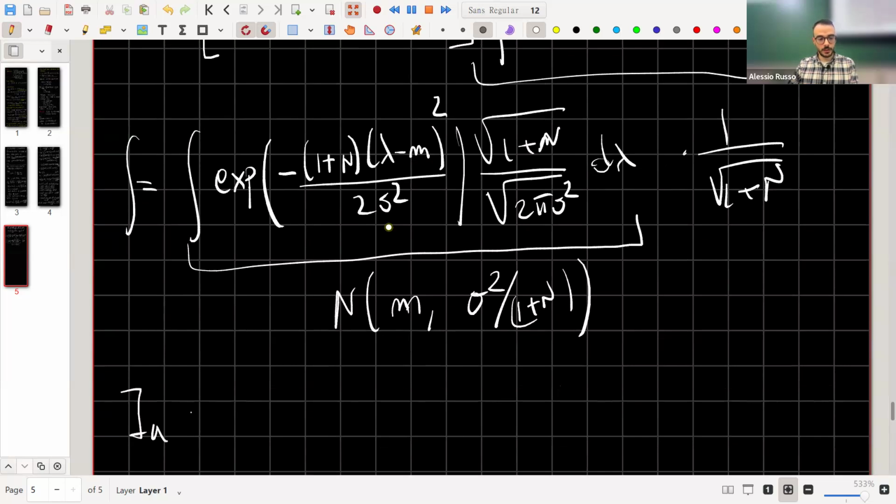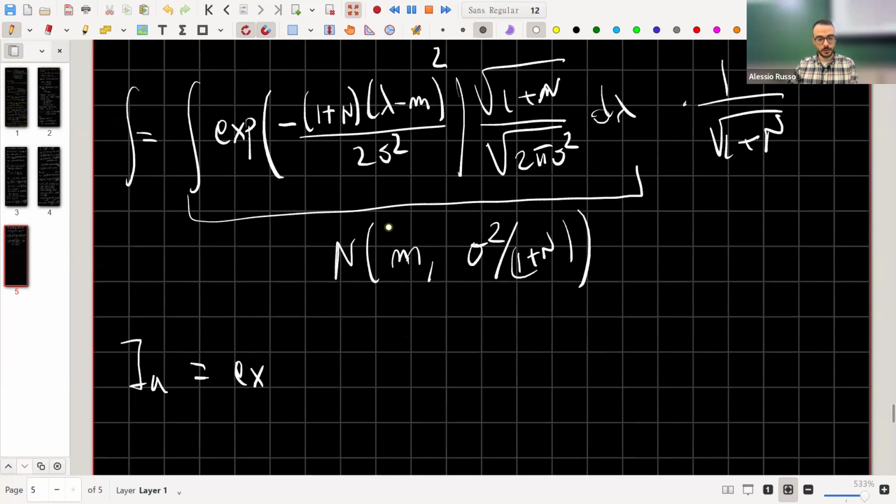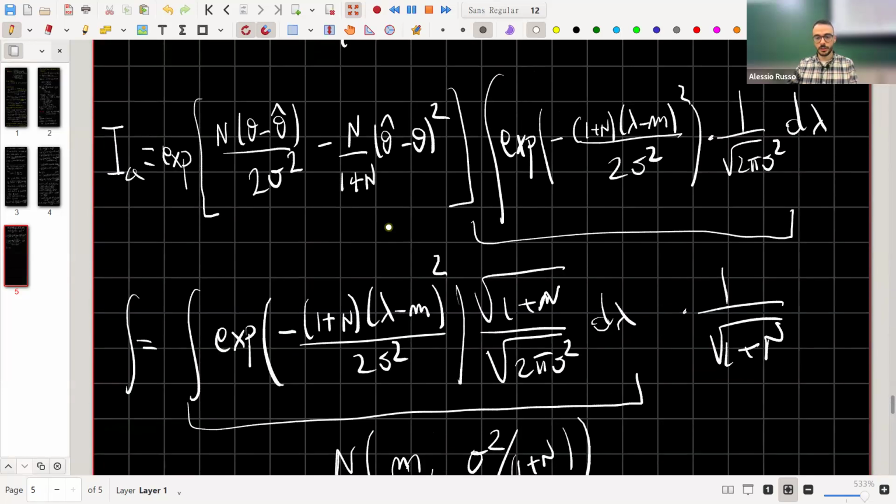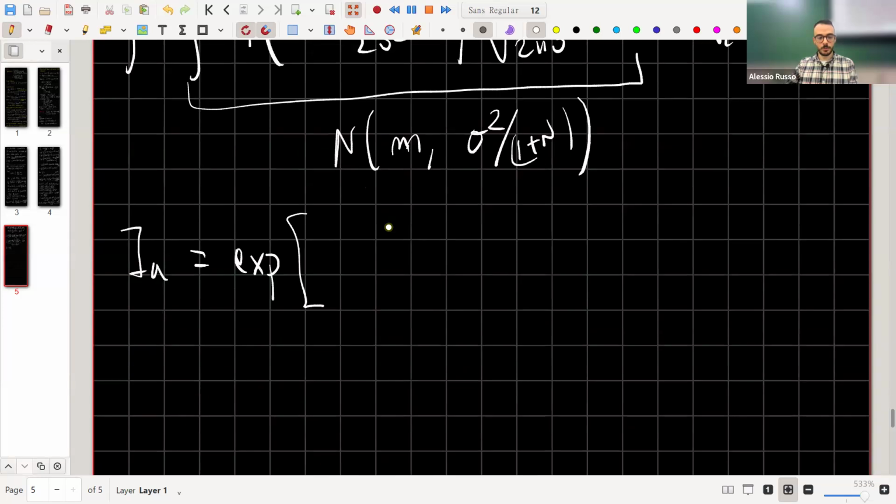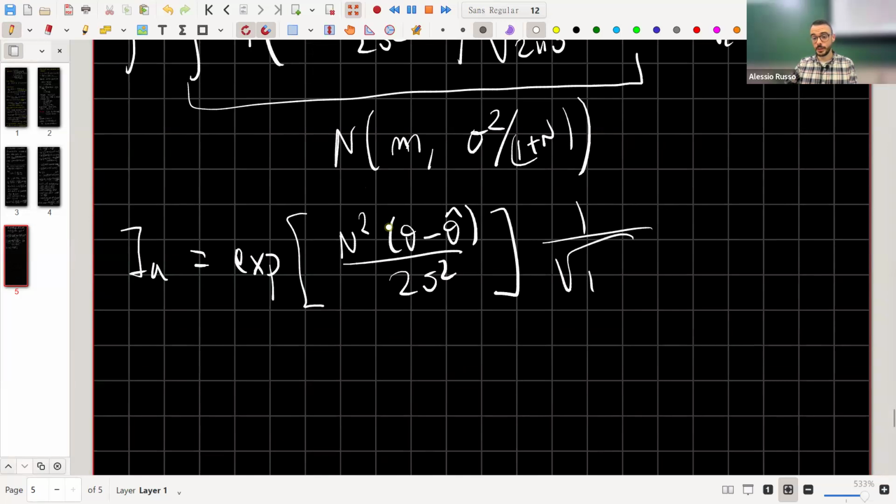So in the end, our integral term is exponential of this quantity times 1 over square root of 1 plus n. We need to simplify this quantity here. We also have the 2 sigma squared. So it will become n squared theta minus theta hat divided by 2 sigma squared that multiplies 1 over square root of 1 plus n.